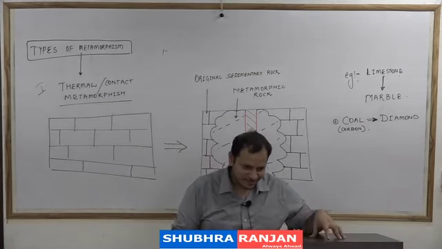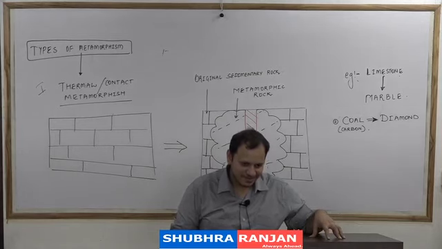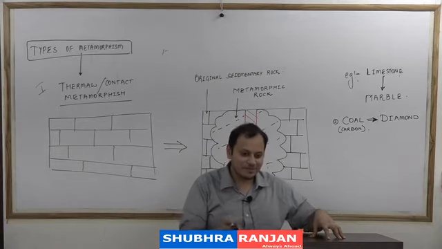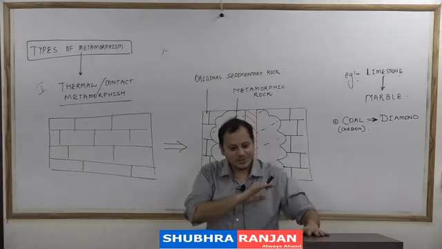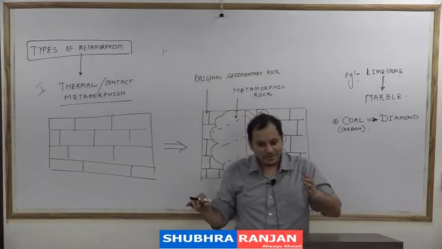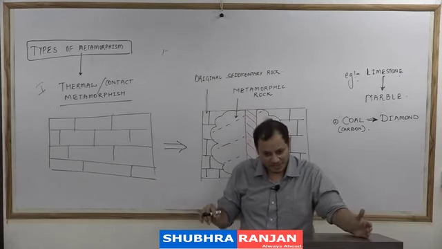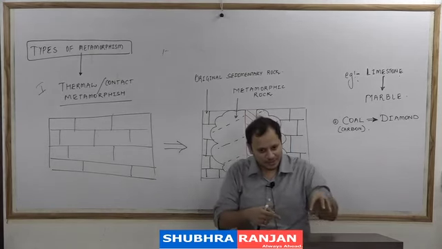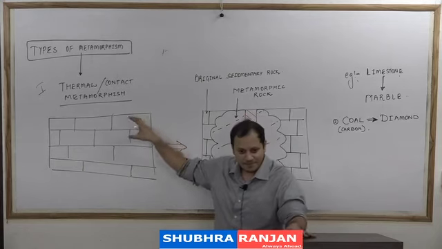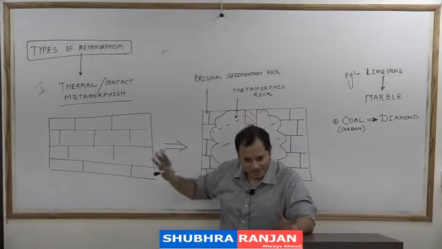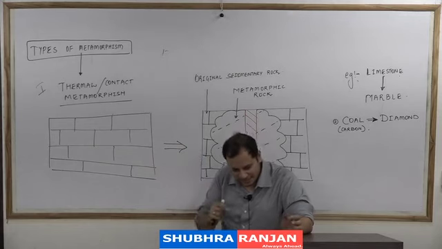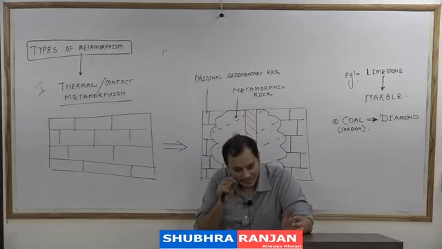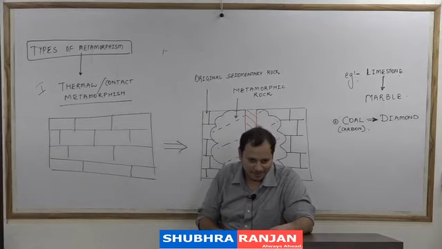Where is the talk of pressure, it is about temperature. That is what I am saying. Thermal metamorphism means temperature. There is no concept of pressure only here. Due to temperature and pressure changes, meaning temperature and pressure changes, also only temperature change, also only pressure change. So what we are doing is the temperature change. Pressure is not being discussed here. They are changed, we have written also, they are caused due to very very high temperature. So where is the pressure? Getting it?